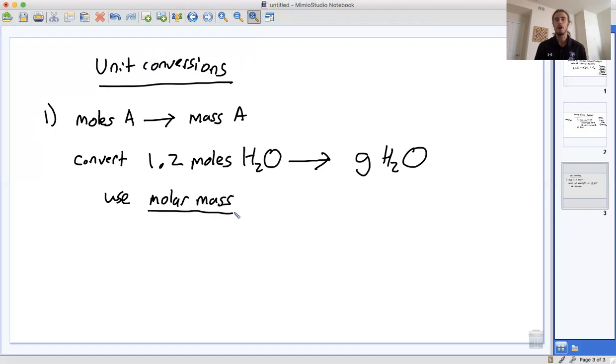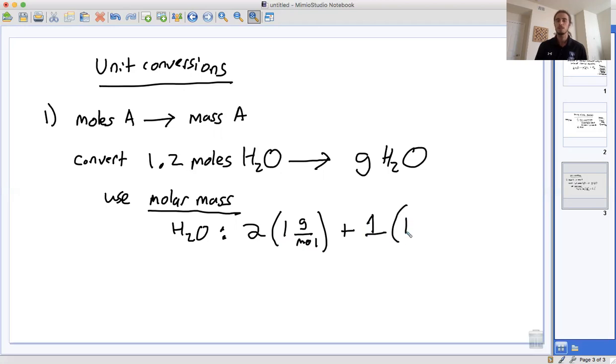For water, H2O, that's going to be two hydrogens. You look up the molar mass of hydrogen in the periodic table. That's 1 gram per mole, approximately, to the nearest whole number. And then you've got one oxygen.